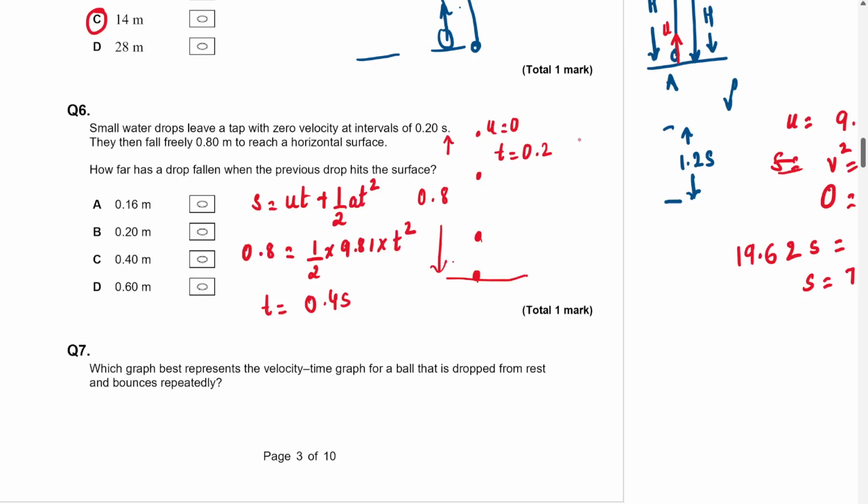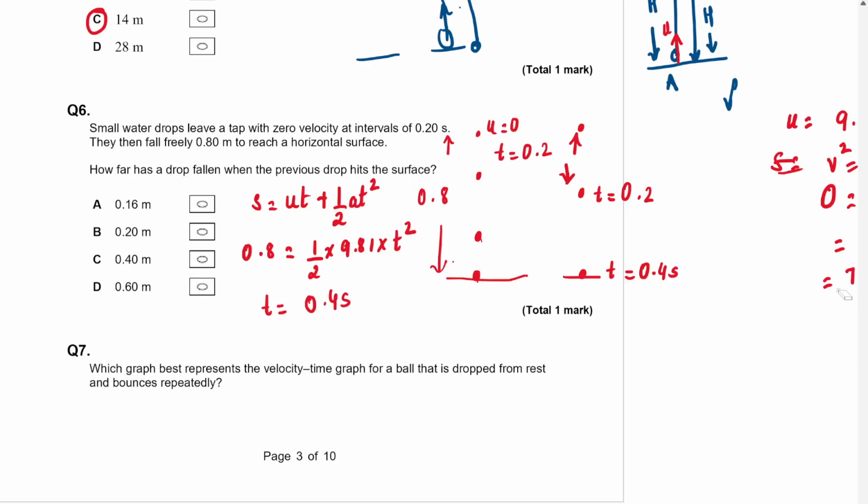So one drop is starting, one drop is somewhere here, and one drop is hitting the ground. This has taken 0.4 seconds to hit the ground, and this one has traveled for 0.2 seconds. They want this distance, how far this drop has fallen. So we're going to use the same equation, ut plus half at squared.